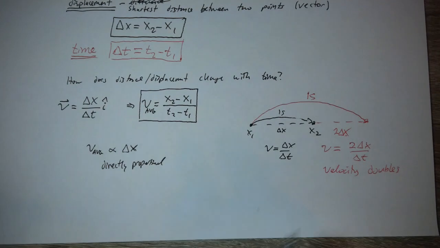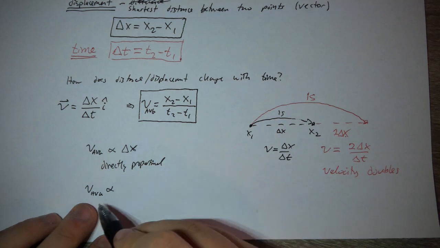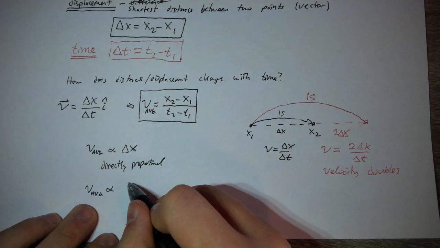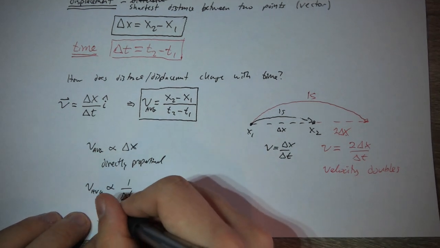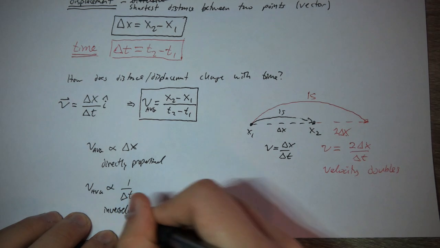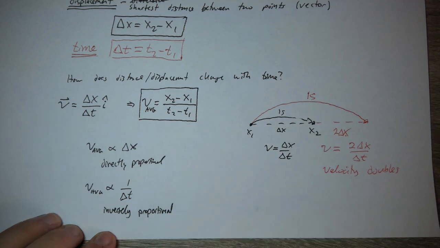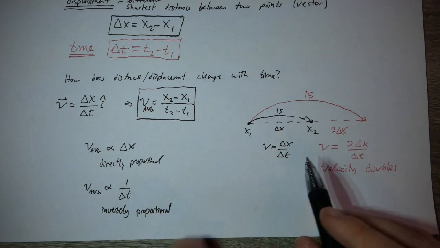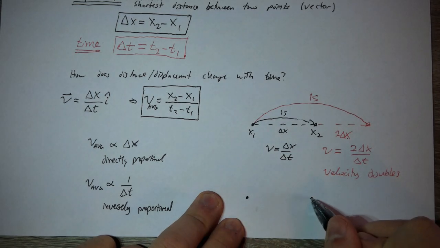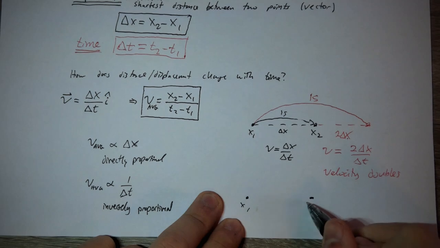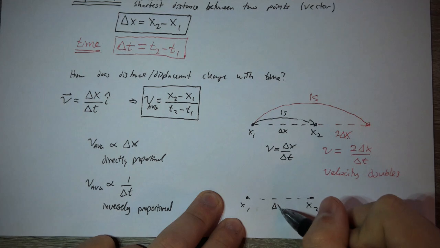Now, time. The velocity is proportional to the inverse of time, so they are inversely proportional to each other. So drawing out a similar thing, we're traveling from x1 to x2. This is delta x.